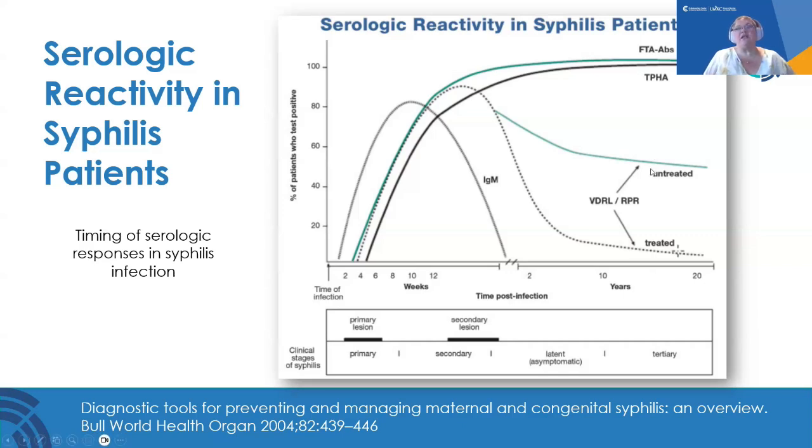So that's why a lot of our clinics have moved more to the reverse algorithm, so that they pick up these patients who have had syphilis for usually longer than a year but were never treated.